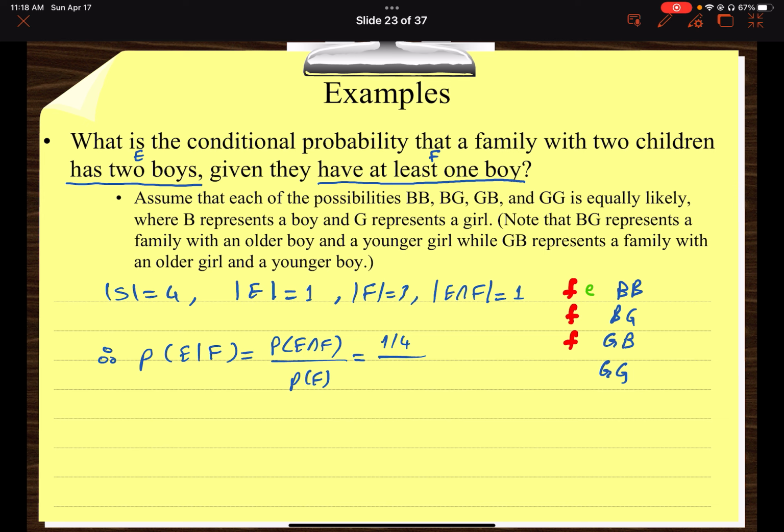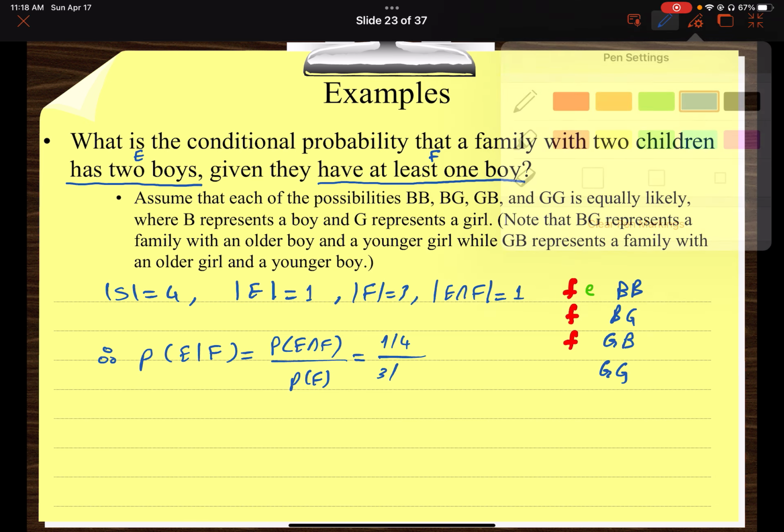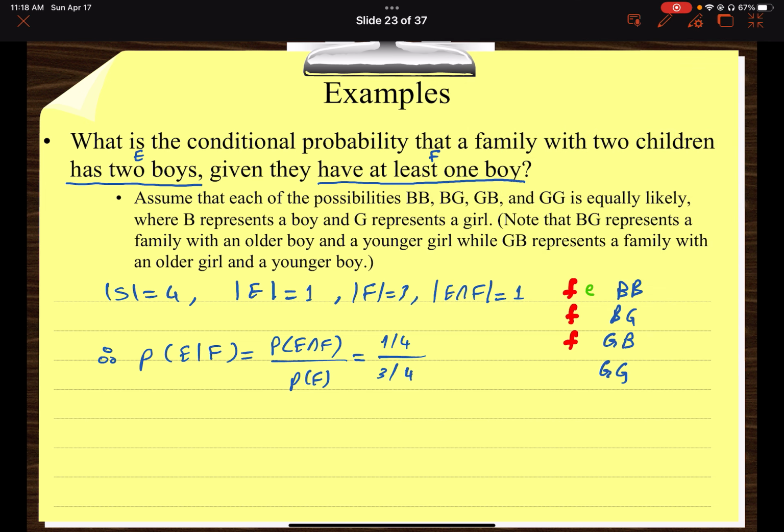Divided by, what's the probability of F? 3 over 4. What is this equal to? 1/3. Okay, so probability of E given F is equal to 1/3.